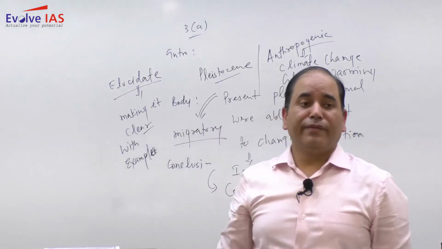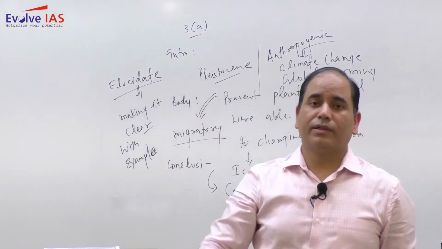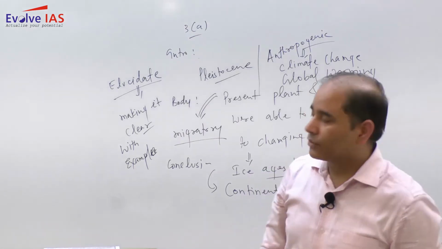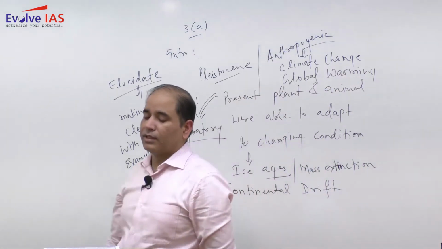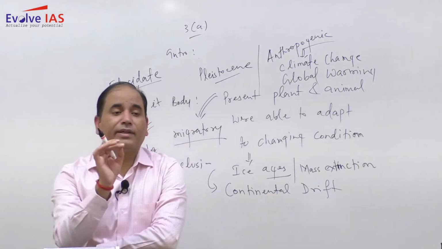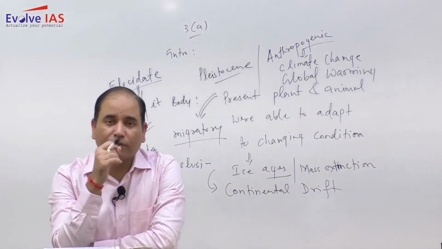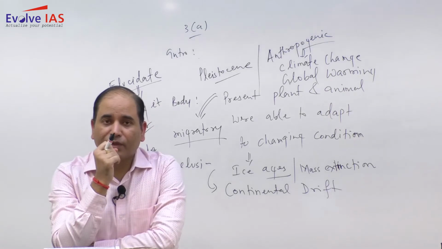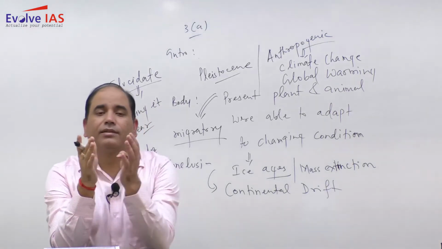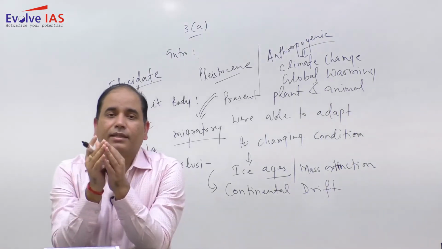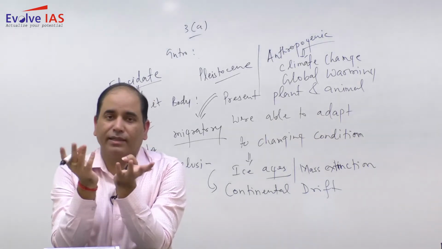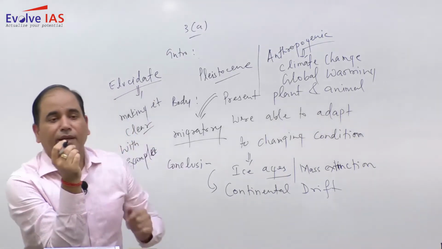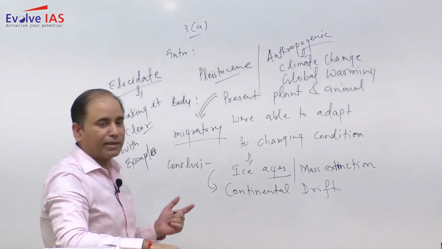In the higher latitude, in the present time period also, in the polar area near the poles, the winters are very severe. So to save themselves from the severe winter, they either go for hibernation or they become migratory. So they are capable of migrating, they are capable of hibernating.